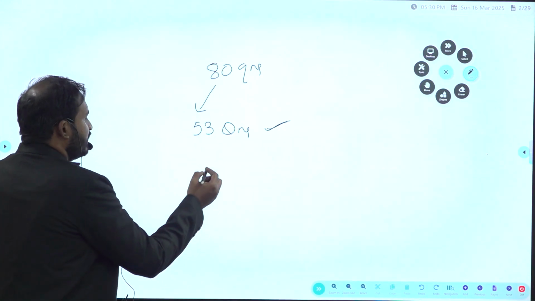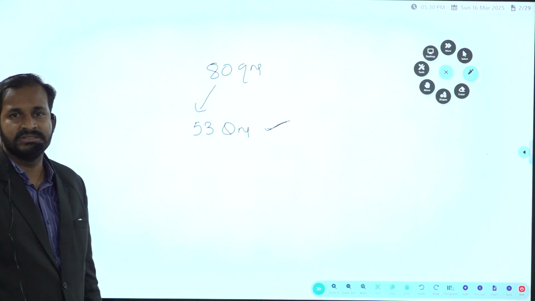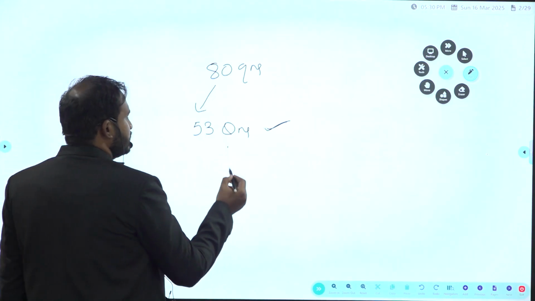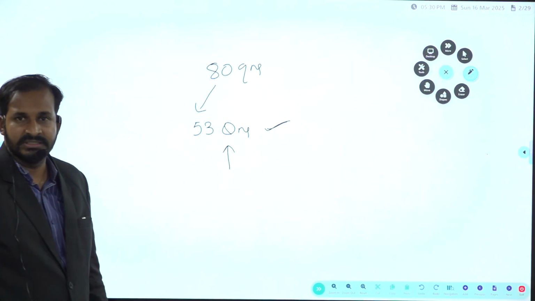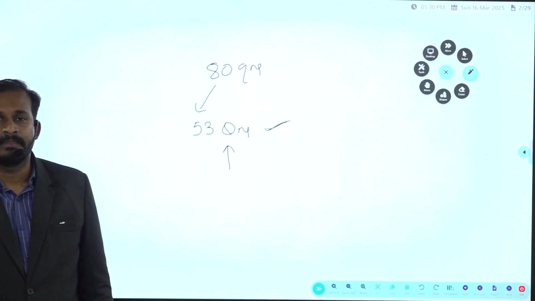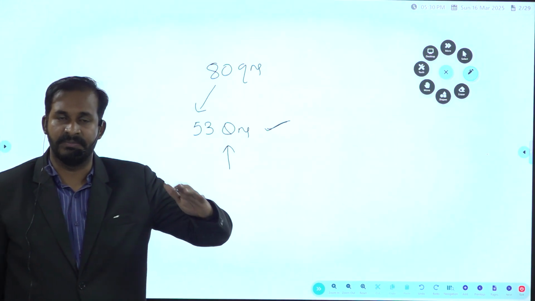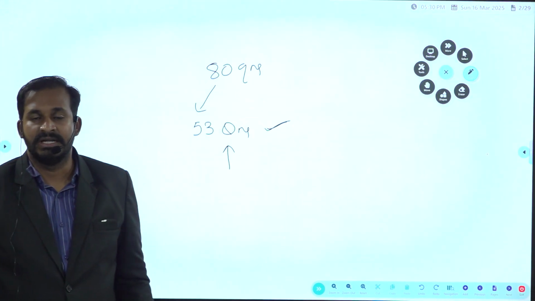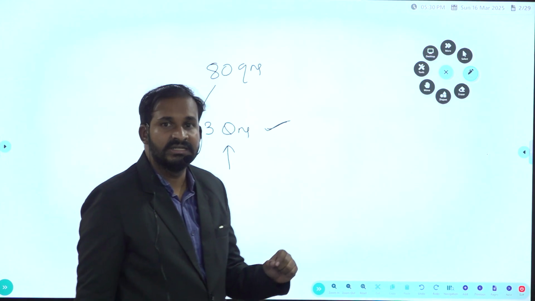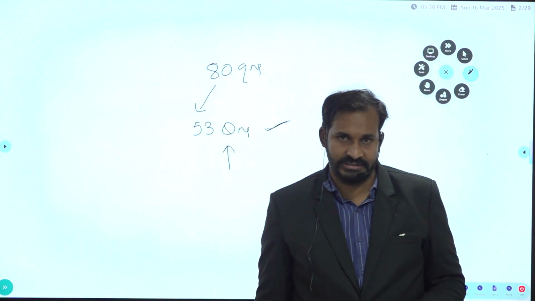And the difficulty level of this question paper has increased. If you observe the last 3 to 4 years' papers and the previous years' papers, you can easily understand that the standard of the paper was increased.